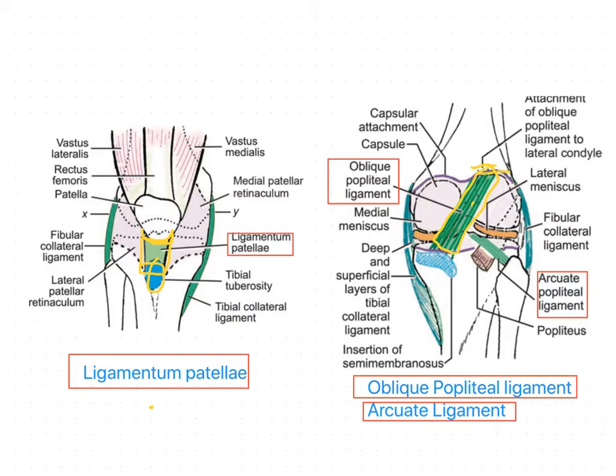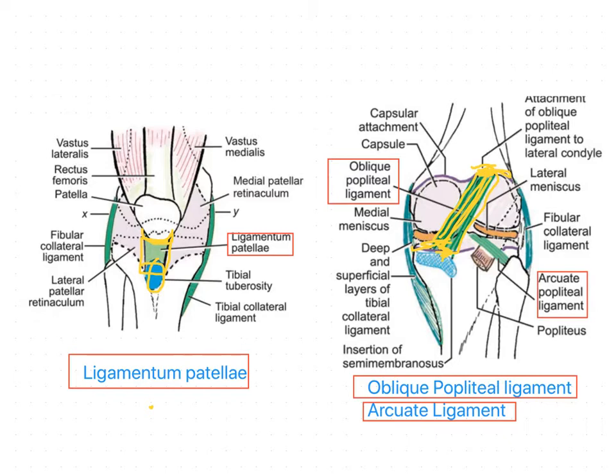It is attached above to the lateral part of the intercondylar line of the femur and the area above the lateral condyle of the femur. Fibers are directed downwards and medially and merge with the capsule of the knee, and some of the fibers are continuous with the insertion of the semimembranosus tendon. So this is the attachment of the oblique popliteal ligament.